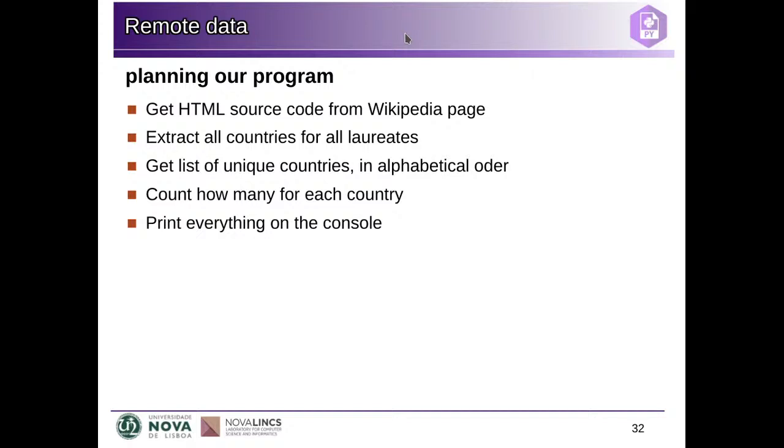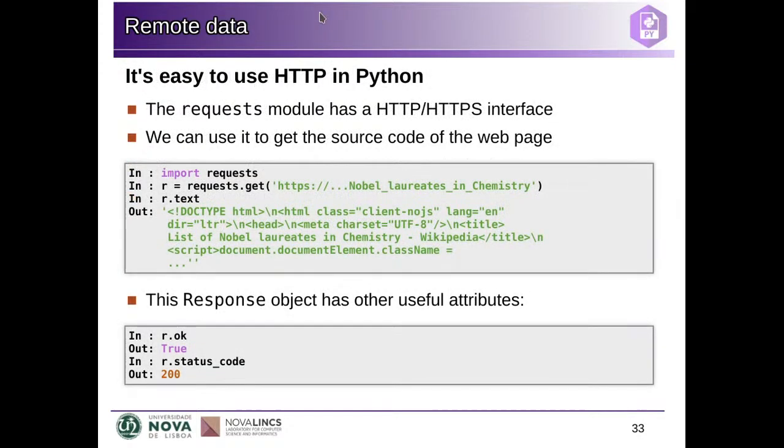So from that, we're going to get a list of the different countries. We're going to sort it alphabetically, and then we're going to count how many times each country occurred and print everything on the console. So this will be the general approach. We're going to follow this algorithm to solve this problem.